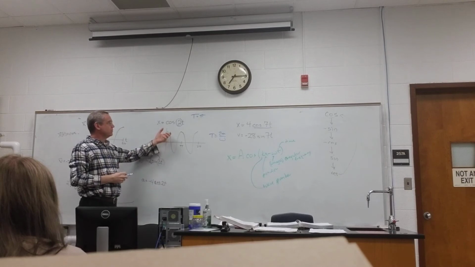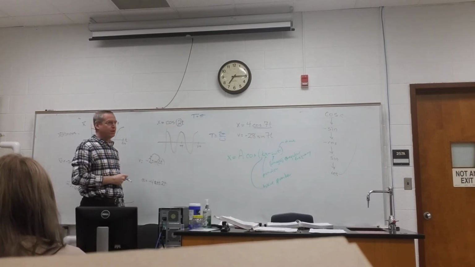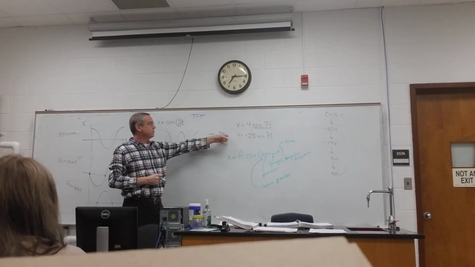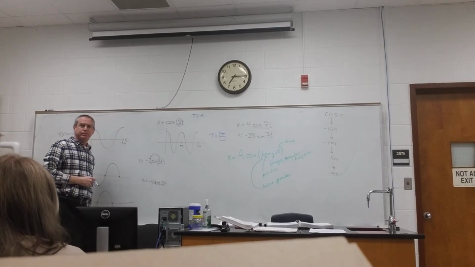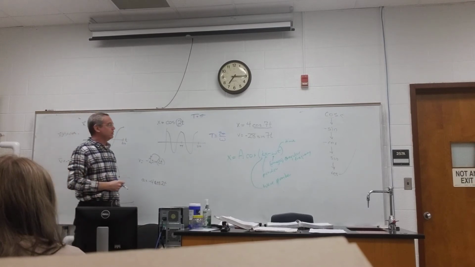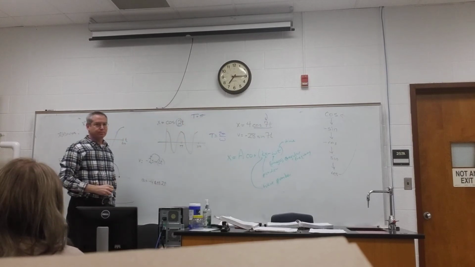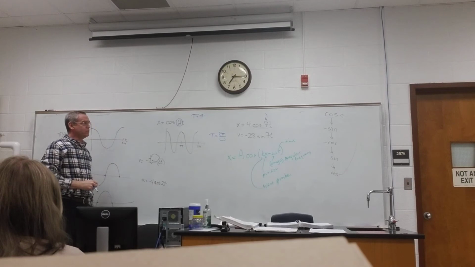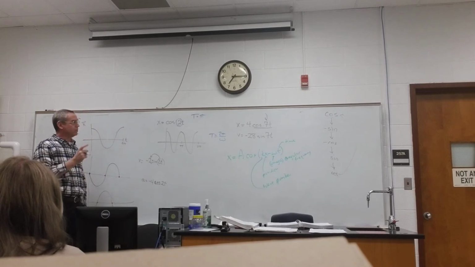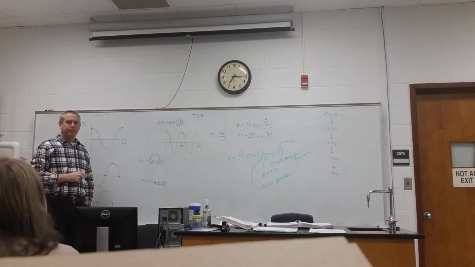If it's 3, it's moving 3 times as fast, so it takes a third of the time. So normally it takes 2 pi to do it, and then you divide by whatever that number is. We got that from cosine 7t. Yeah, it comes from the 7 right there. Whatever number is in front of the time, 2 pi divided by that tells you the period.